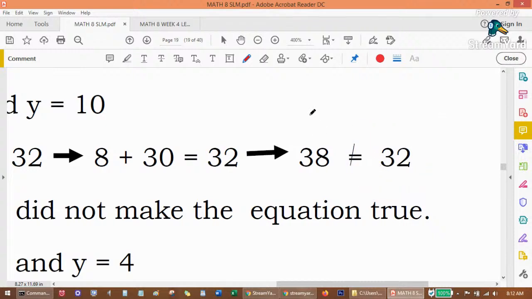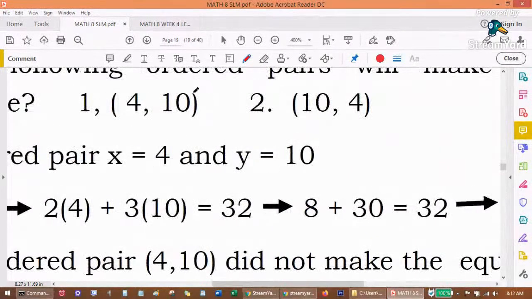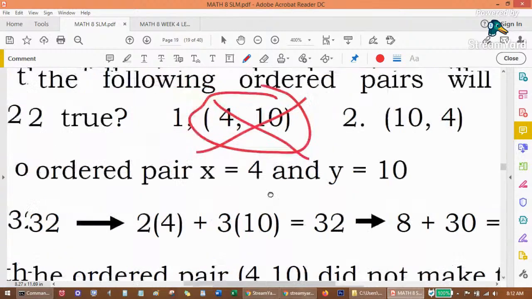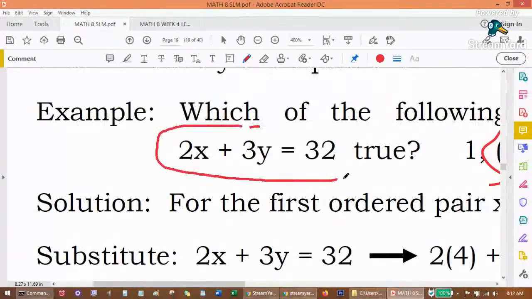So, yung left side is not equal to the right side. Yung left side is 38 while the right side is 32. So therefore, this one is not true ordered pair of this linear equation.